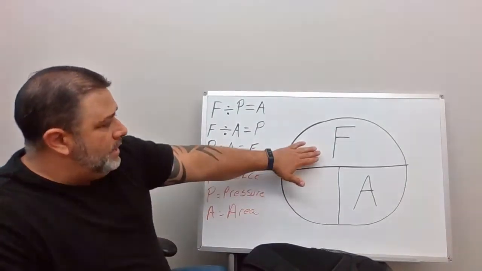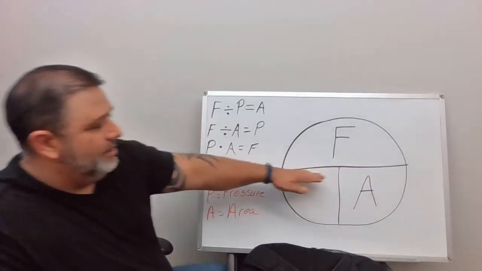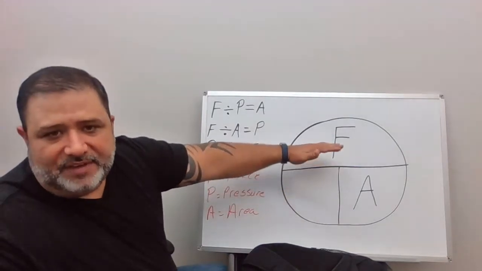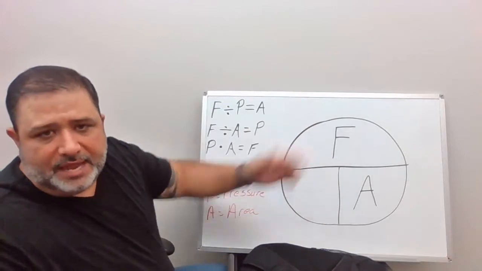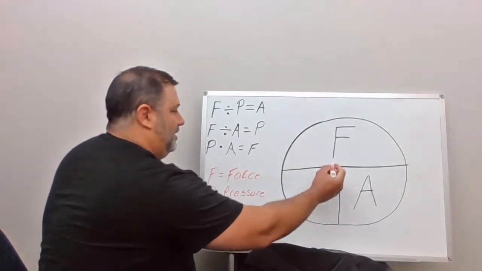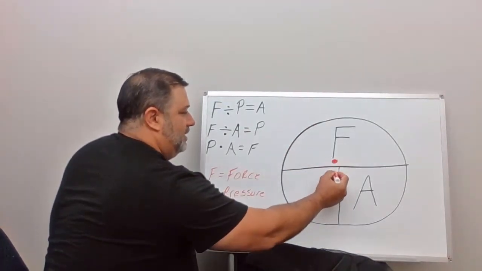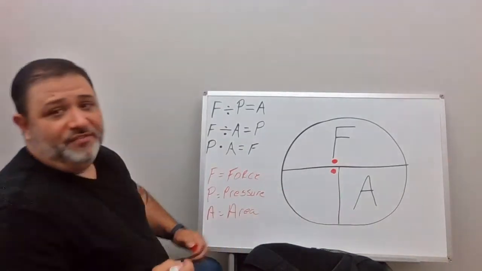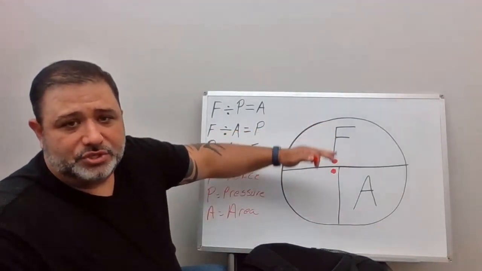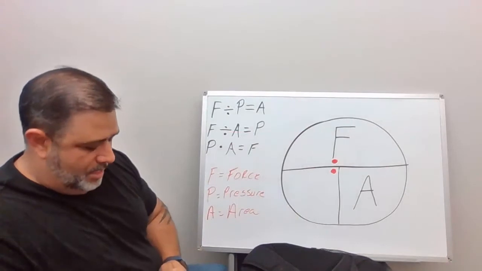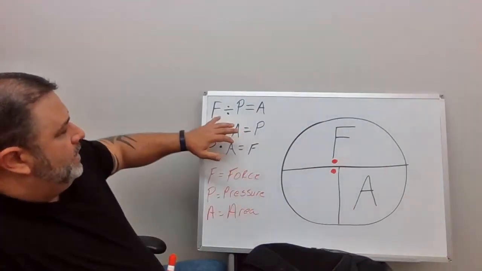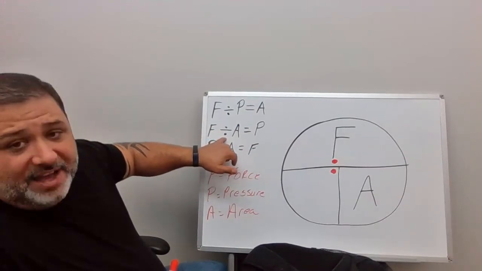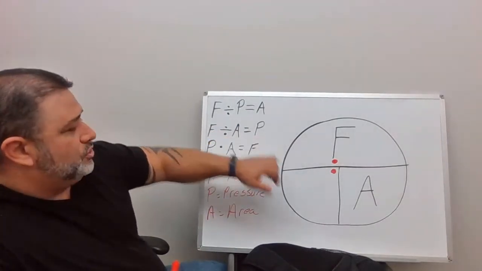Now, this line here is a dividing line. It divides the F from the P and A. So if you go up and down on a divided line, we are dividing force from whatever's below it. So, here, force divided by area equals our pressure.